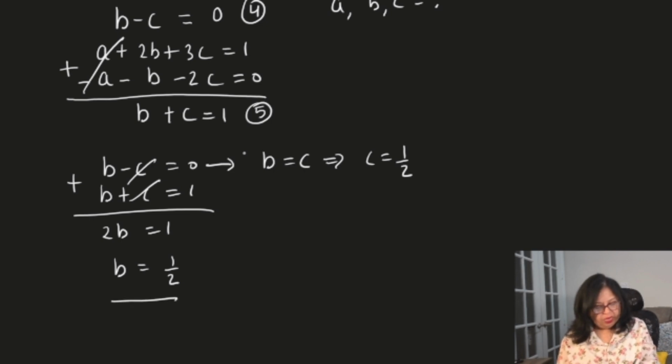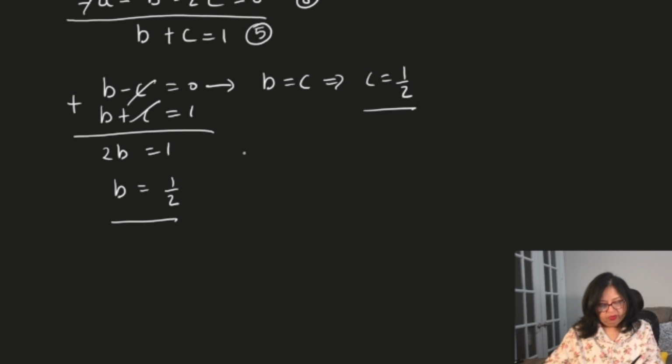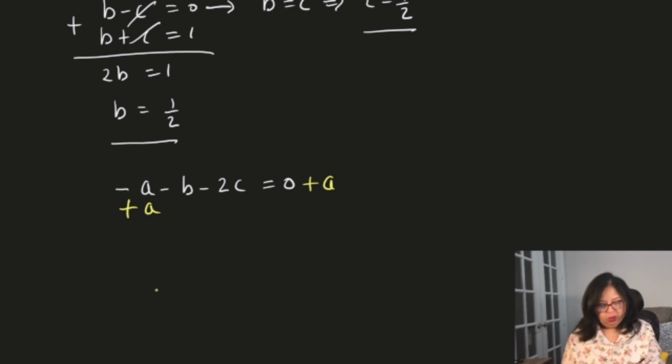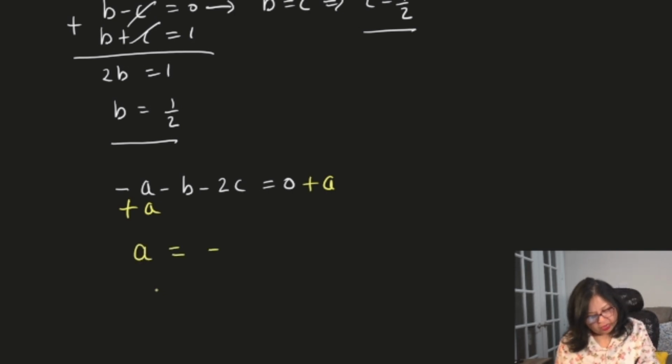Now I know b and c. I need to solve for a now. So from this equation over here, let's call it number 6, which is minus a minus b minus 2c equals 0. Go ahead and add a to both sides, and after that swap left and right hand side. What does that give you? A equals minus b minus 2c.